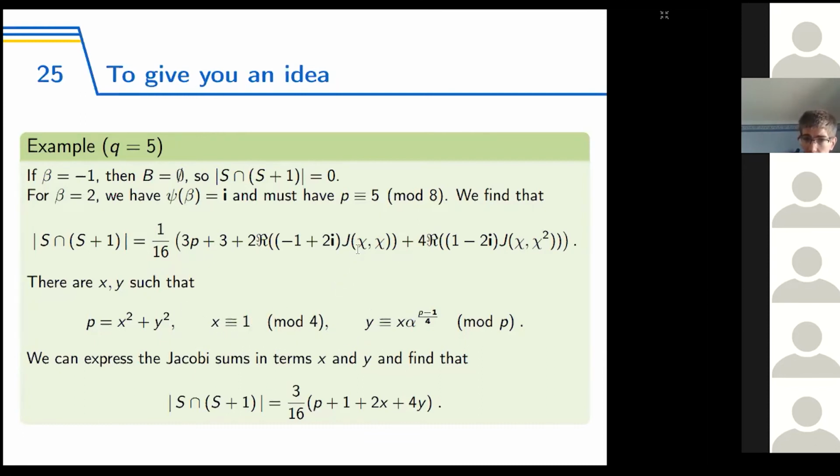And then these Jacobi sums, J(chi, chi) and J(chi, chi squared), can be expressed in terms of x and y. And you find that this intersection size that we are looking for can be described as 3/16 of p plus 1 plus 2x plus 4y. Oh, that's neat.